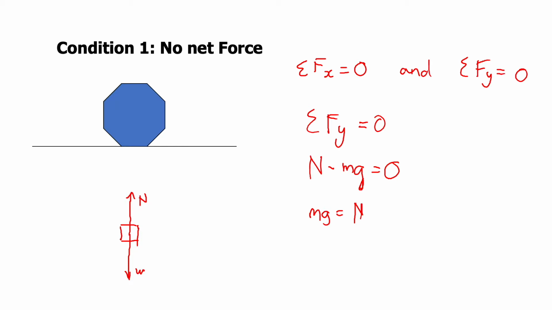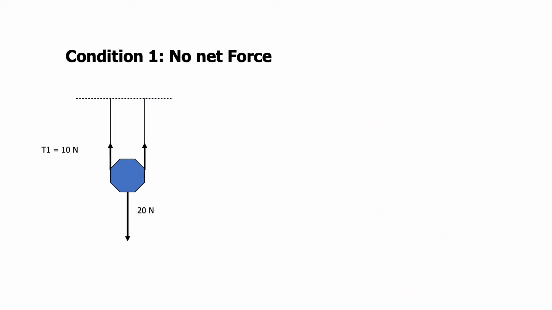Therefore, it is equal to the mass, which is 2 kilograms, times the acceleration due to gravity, which is 9.8 meters per second squared. That would be equal to 19.6 newtons.